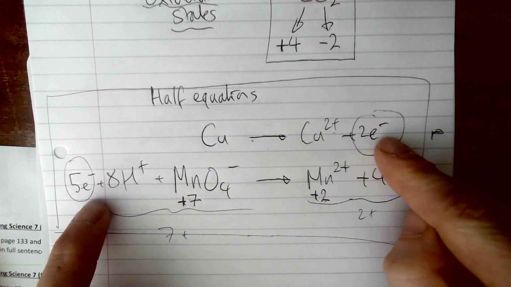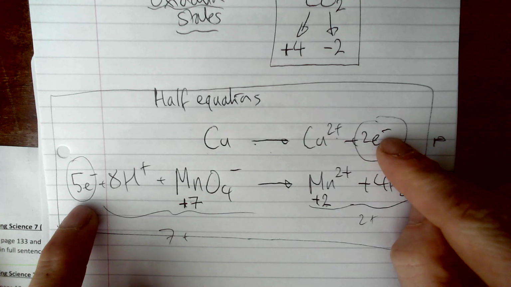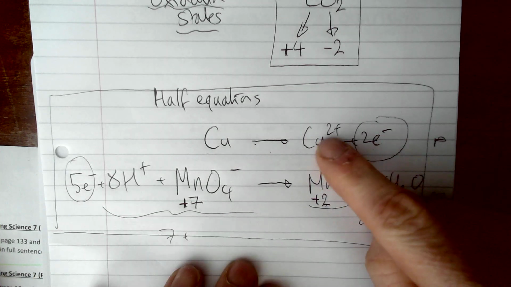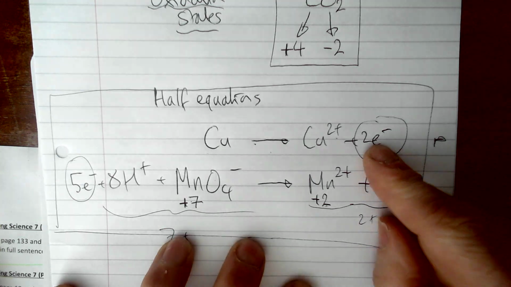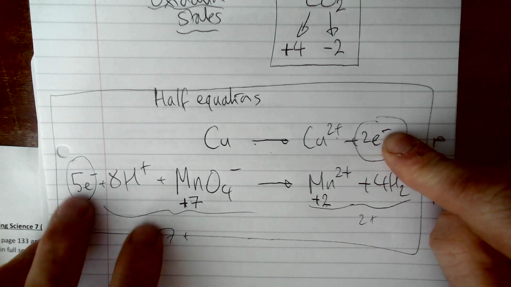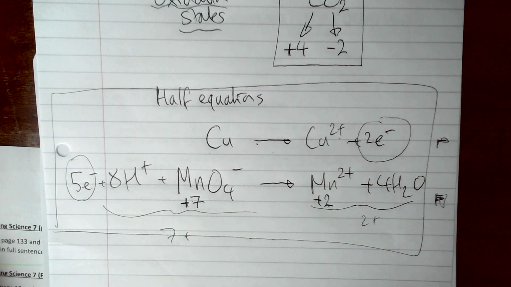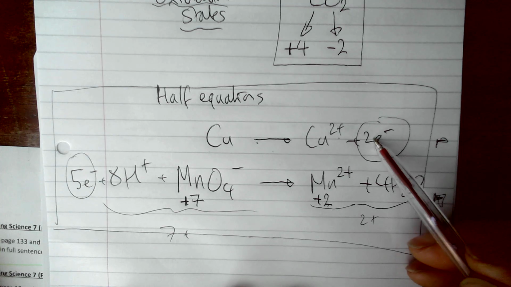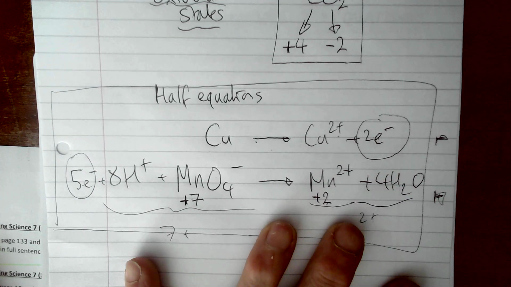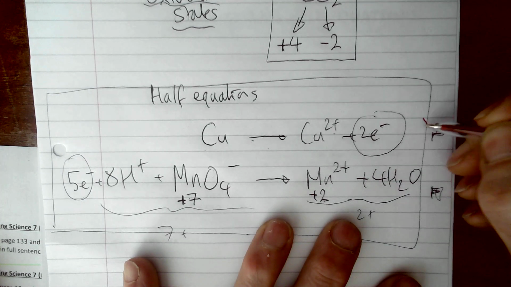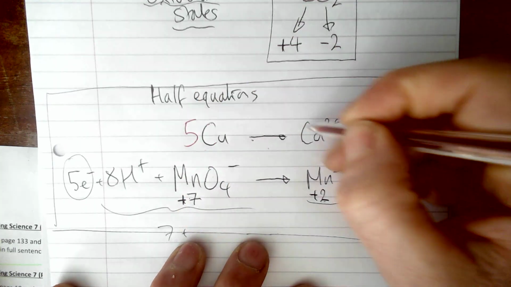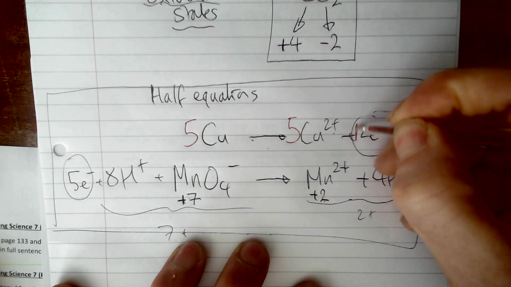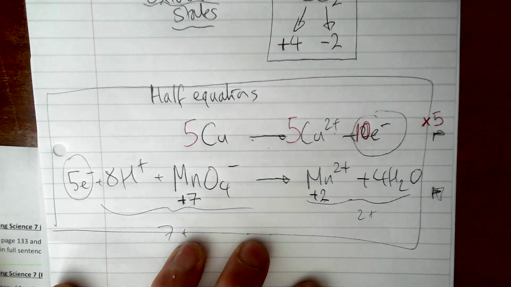But the first step is to make sure that the number of electrons lost is the same as the number gained. They have to be the same. Currently 2 electrons lost, 5 electrons gained. That doesn't work. But both 2 and 5 go into the number 10. So if I times everything in this equation by 5, I get 5 Cu2+ and 10 electrons.